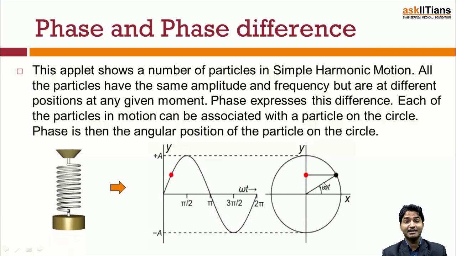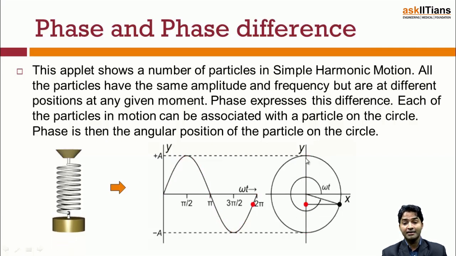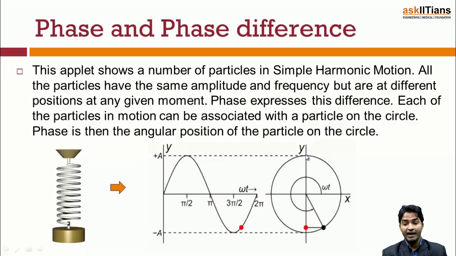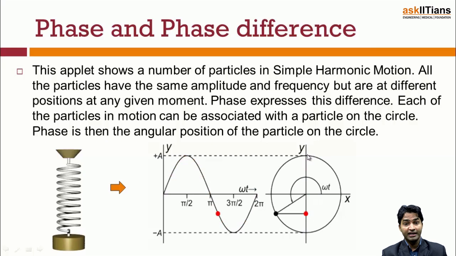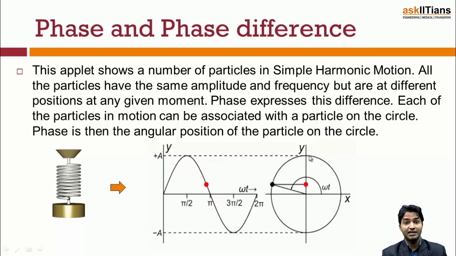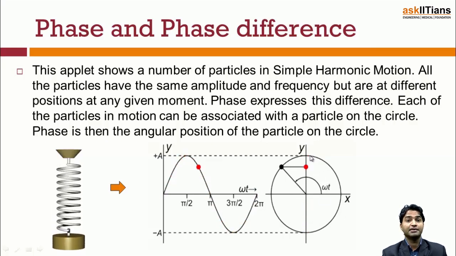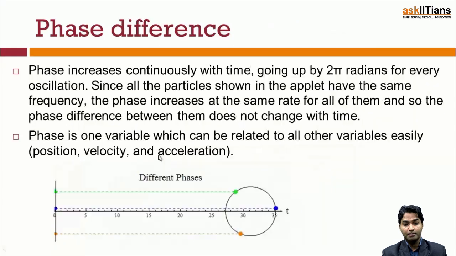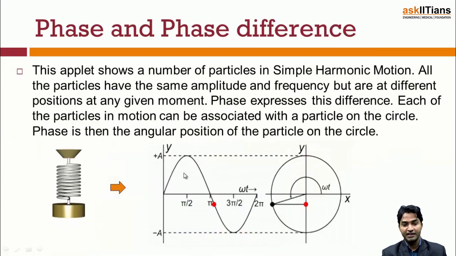In the vertical direction, when the displacement a is given, it is actually the maximum displacement. So these are positive a and negative a.